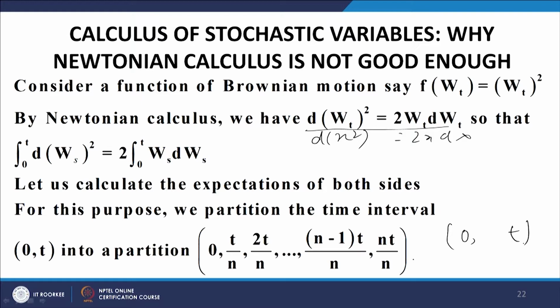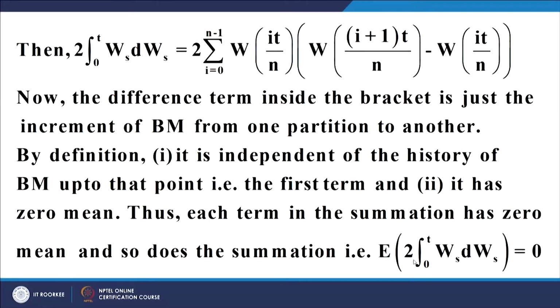Now, let us look at this: 2 times the integral of W_s dW_s between 0 and t. Let us look at this expression, then we will evaluate its expectation value. Writing it as the sum of a series, integration can always be written as a sum of a series taking the limit as n tending to infinity.